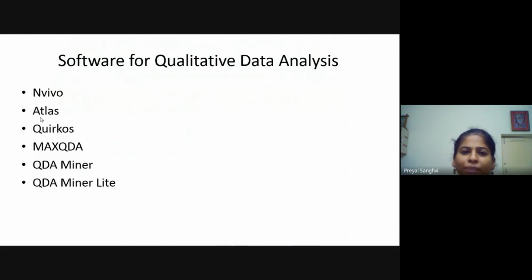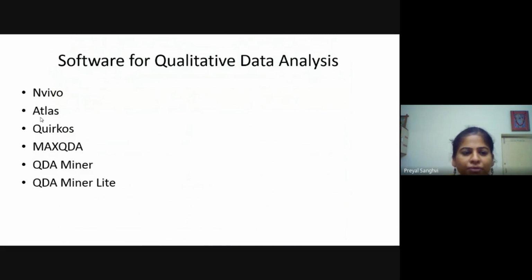So in different formats the qualitative data is available, and through software we can analyze it. Here are some names of the software available: NVivo, Atlas.ti, QDA Miner, MAXQDA, Quirkos, and QDA Miner Lite, right?